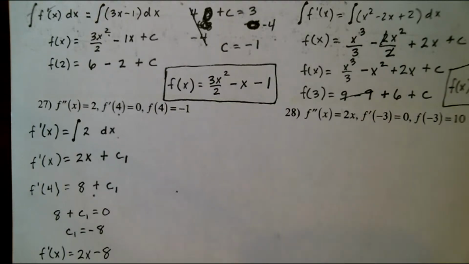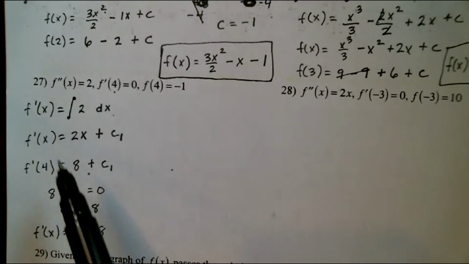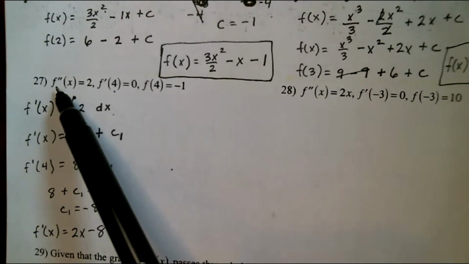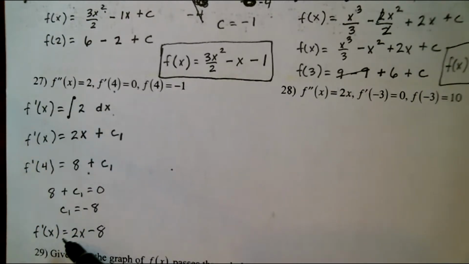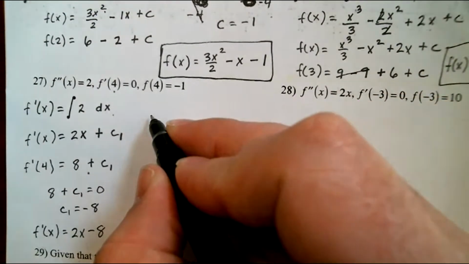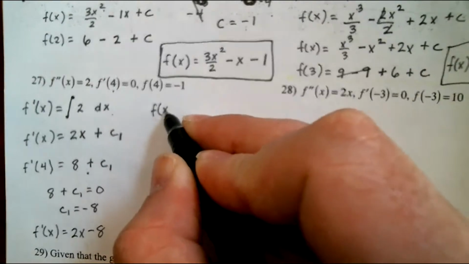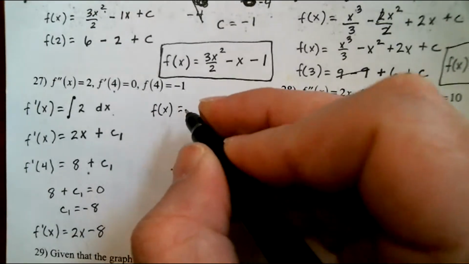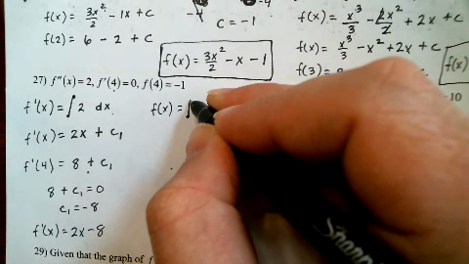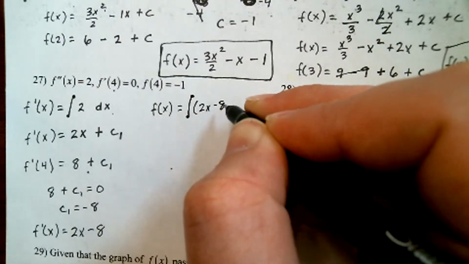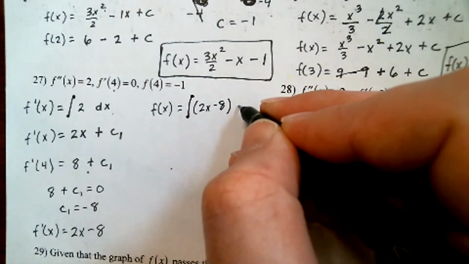So this is just an extra step compared to these. Here it didn't give me the derivative, it gave me the double derivative, or the second derivative. From there I have to find the derivative and then work what I did over here. So f of x is equal to the integral of 2x minus 8 dx.